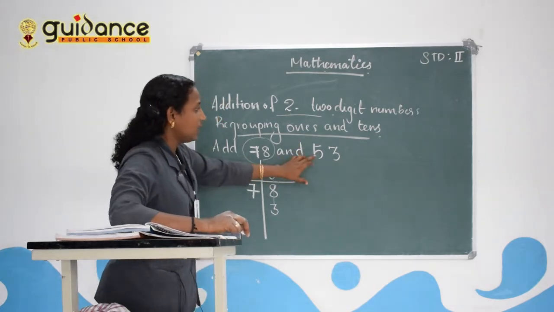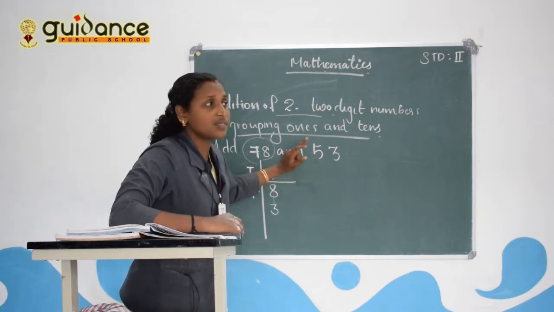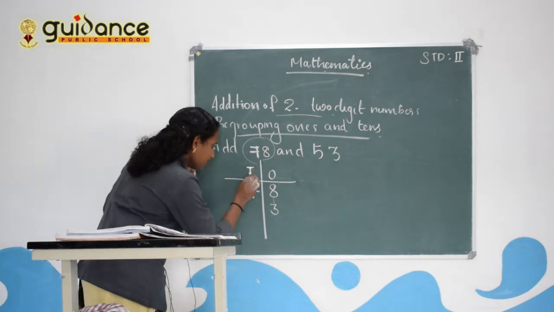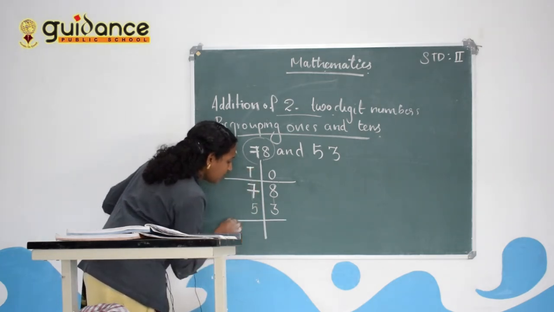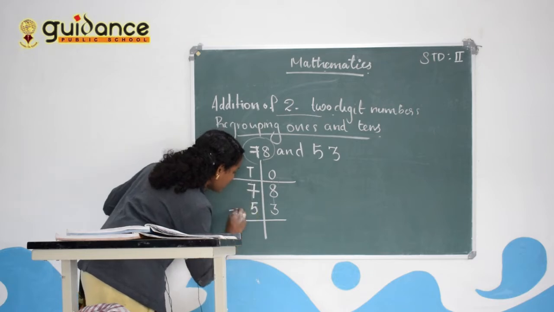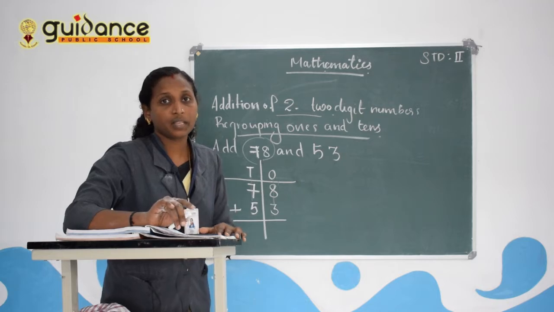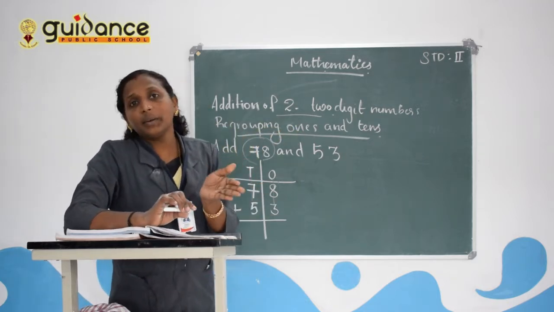The next, 5, is in the tens place, so we write it at the bottom of the tens column, that means here. Then we will find the sum, so put the plus sign because it is an addition. Then the first step is over: separate the numbers in places.